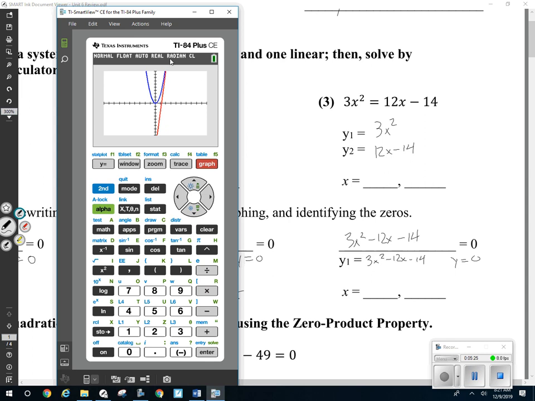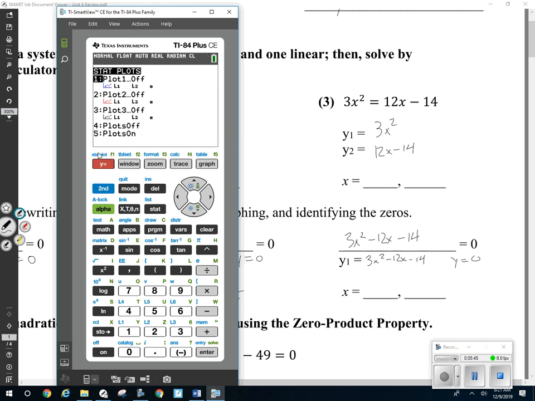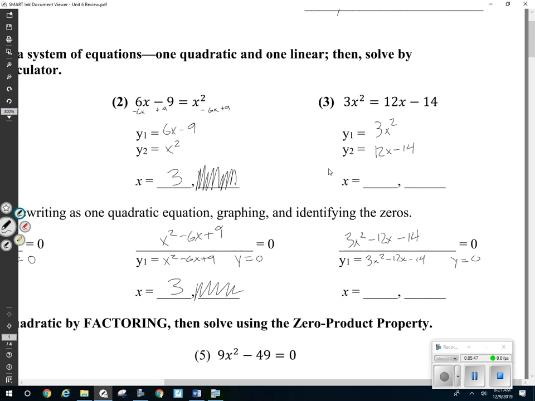Yeah, I can't really see it here. I could zoom out, but it might be tough. Why don't we switch over to 3x squared minus 12x minus 14 and 0. And that's a lot easier to see. Oh my goodness, I made a mistake. Should be adding 14.